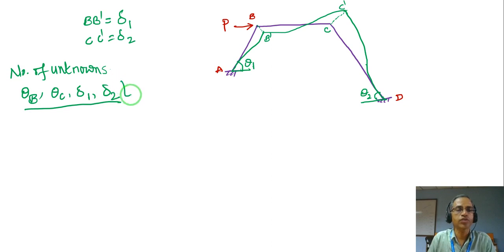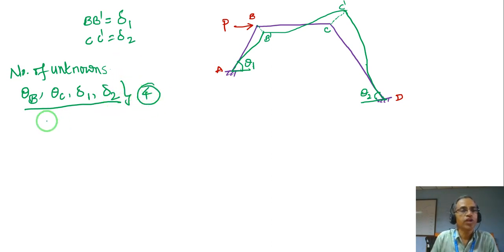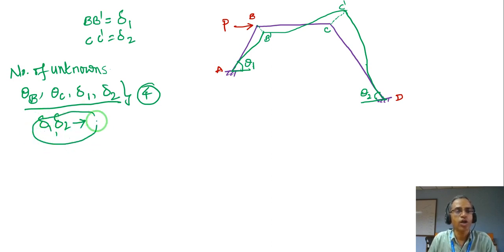Now to solve this we need four equations, but what we do is establish a relation between delta 1 and delta 2, so that we reduce these unknowns to a single one, so that finally I will have only three unknowns.